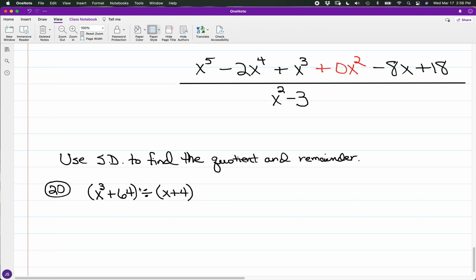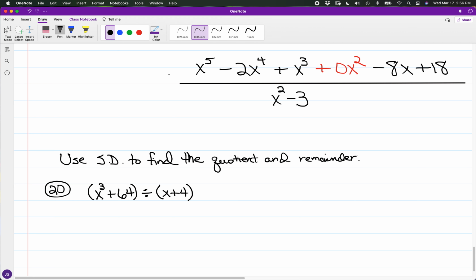The binomial factor was the sum of the cubic roots of the cubes involved. So 64 is the cube of 4, and x cubed is the cube of x. So you're going to have complete divisibility on this one, so the remainder is going to be 0.